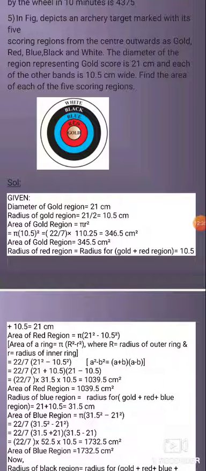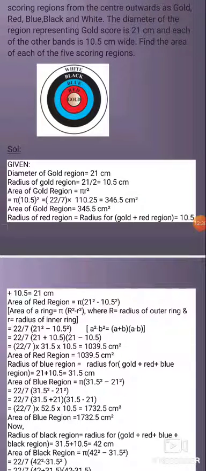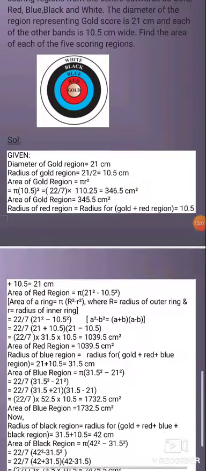At last the area of the blue region is 1732.5 centimeter square. Now the area of the black region, same method itself. The radius for gold plus red plus blue plus black is equal to 31.5 plus 10.5, which is equal to 42 centimeter. Now the area of the black region is equal to pi into 42 square minus 31.5 the whole square.